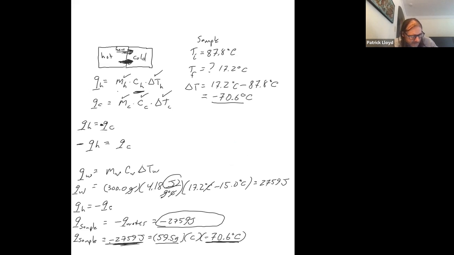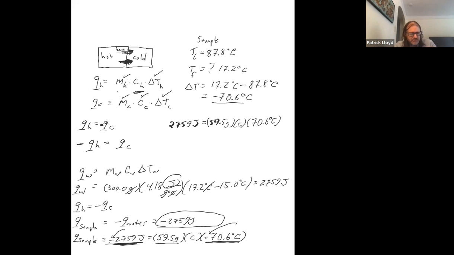And we have 2759 joules equals 59.5 grams times C times 70.6 degrees C, right? So I eliminated the negative here, and I eliminated it here because it's negative on both sides.